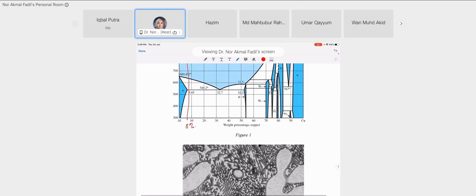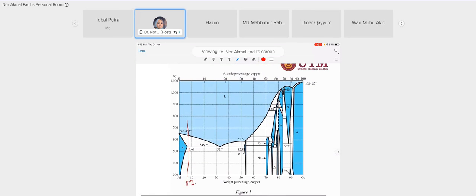So where is the liquidus? It is the phase separation between the liquid and the neighboring intermediate phase. So this one is the liquidus, the limit where your metal will transform into 100% liquid upon heating. So this is the limit.